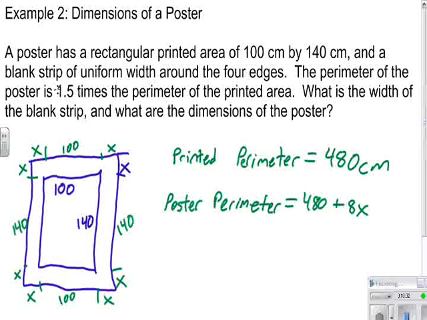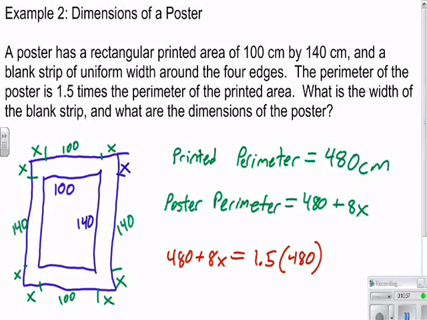And going back up to the problem, it says the perimeter of the poster is 1.5 times the perimeter of the printed area. So that means the perimeter of the poster, 480 plus 8x, is 1.5 times the perimeter of the printed area, 480. 1.5 times 480 is 720.